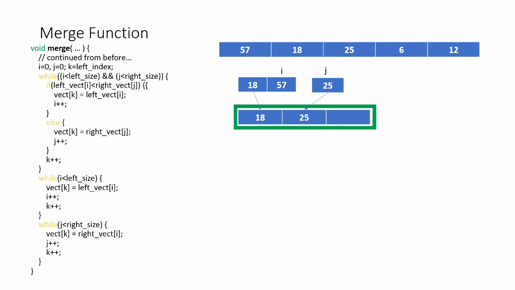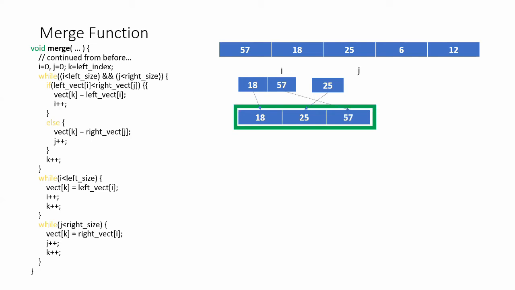So now we're still in that while loop because i is less than left size, and j is less than right size. So we look at this if statement again. Is left vect of i less than right vect of j? No. 25 is less than 57. So we trigger the else statement inside of the first while loop. Vect of k is equal to right vect of j. And we increment j. And this is what it'll look like.